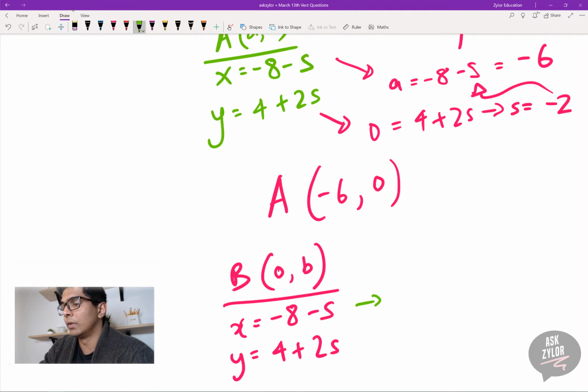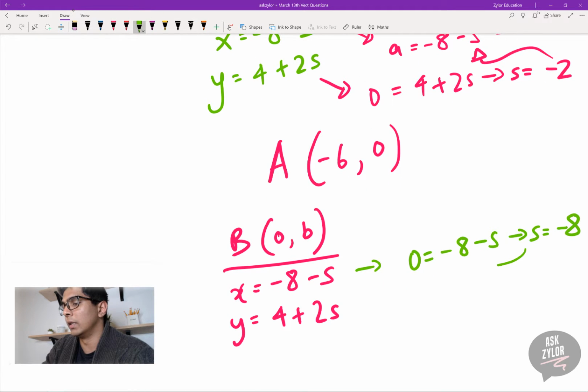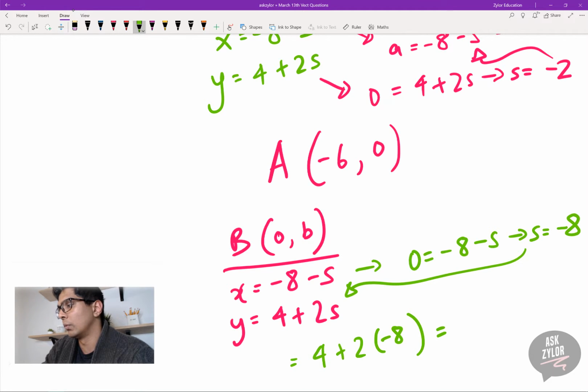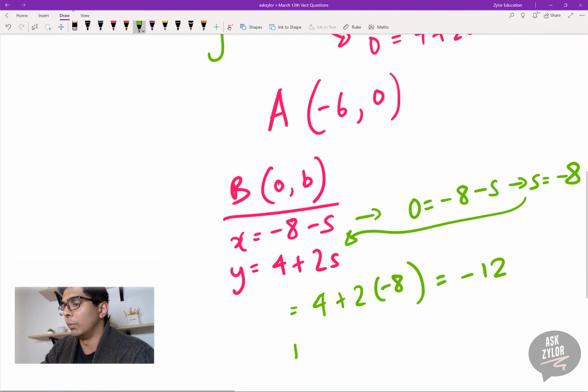So I have 0 is equal to negative 8 minus s, which gives me s is equal to negative 8. So I'm going to plug this back into my y parametric equation, to give me 4 plus 2 times negative 8, which will give me negative 12. So now I have my B coordinate, 0, negative 12.